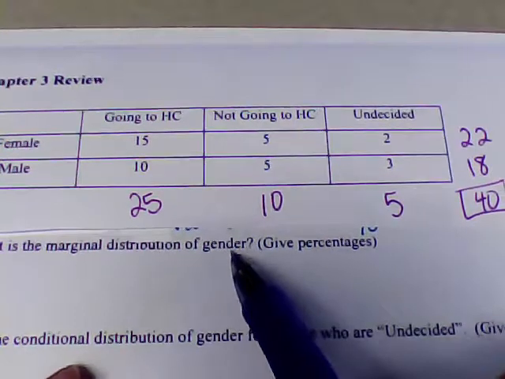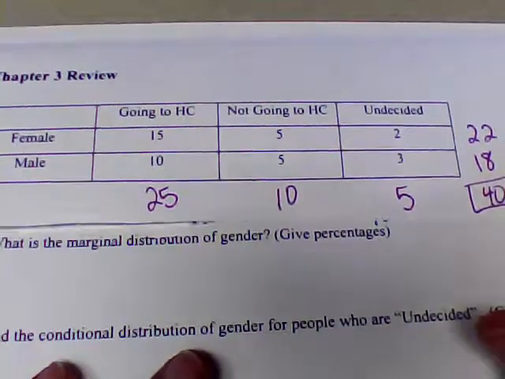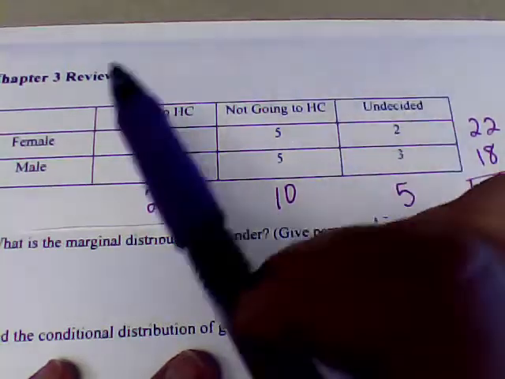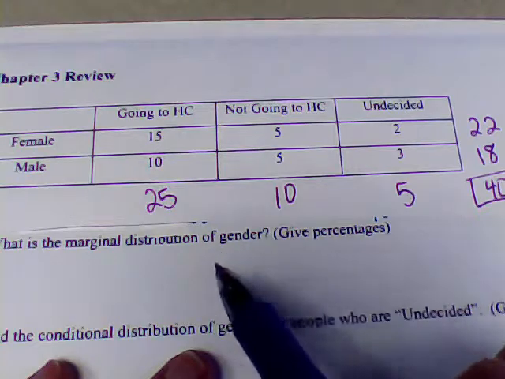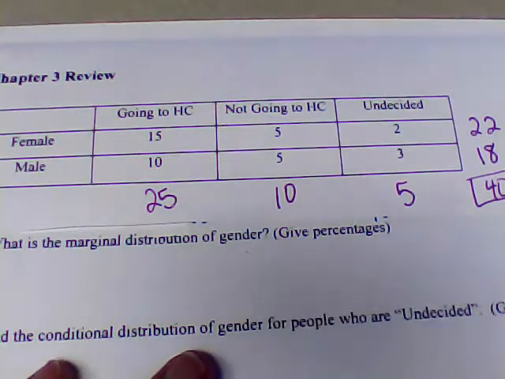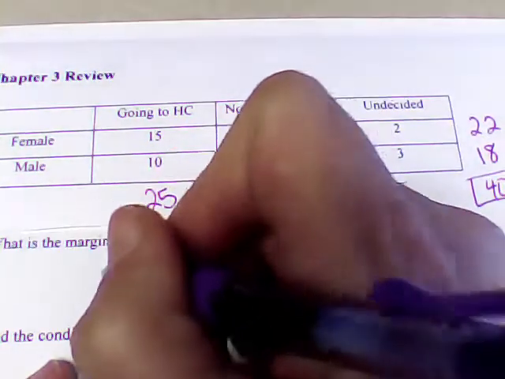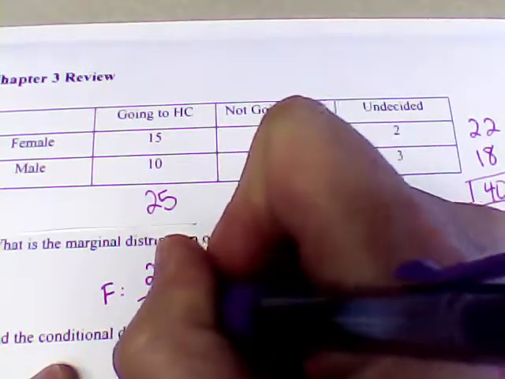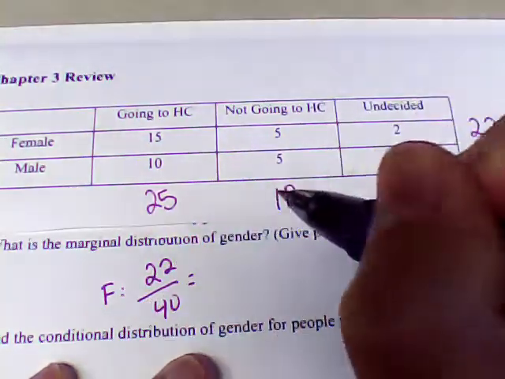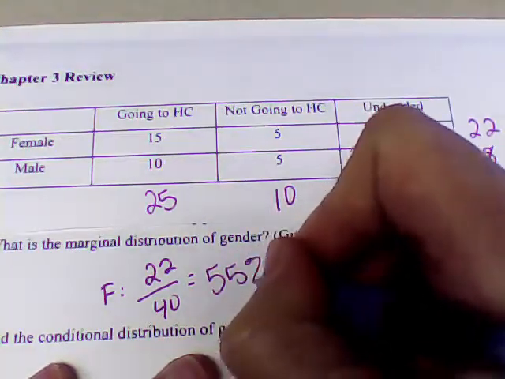They're describing our gender. So when it says to give percent, we would want to figure out what percent of this group of people are female, and what percent of this whole group are male. So females would be 22 out of 40, which would be 55%.